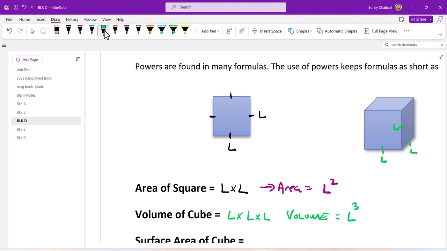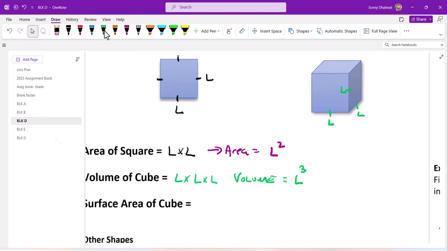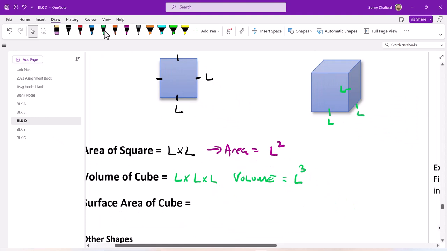We repeat it 3 times. This is why volume was always cubed: centimeters cubed, meters cubed, feet cubed is a centimeter times centimeter times centimeter. That's where it came from. So this year, focus on exponents. We're not going to do as hard of calculations.